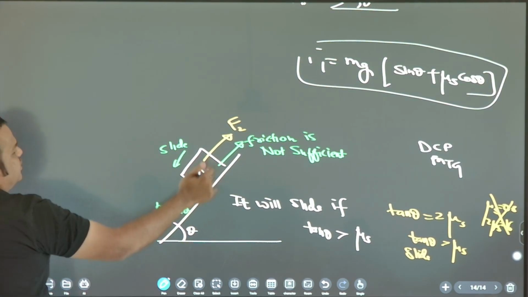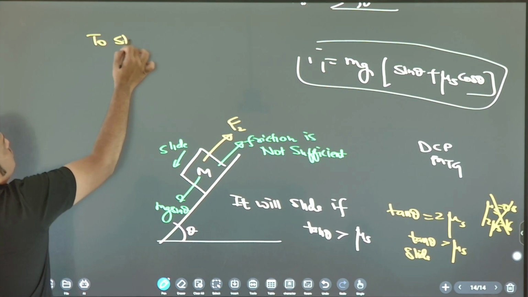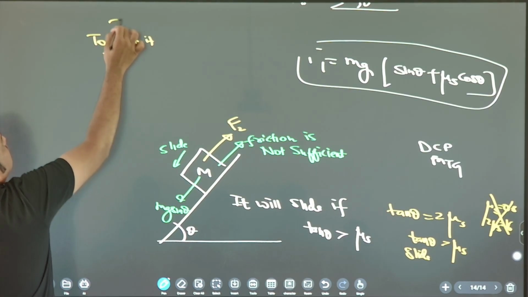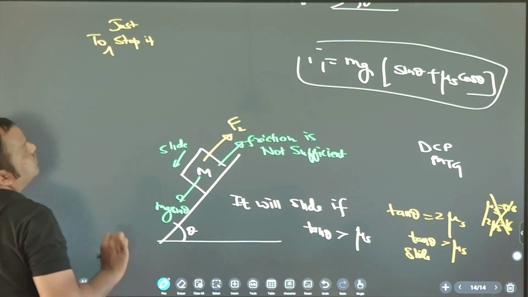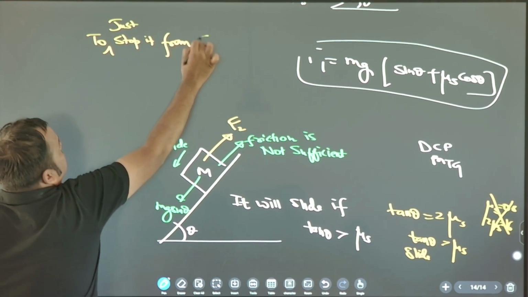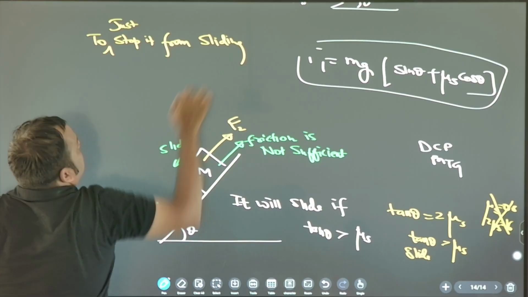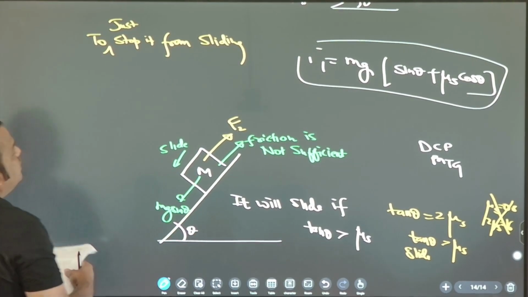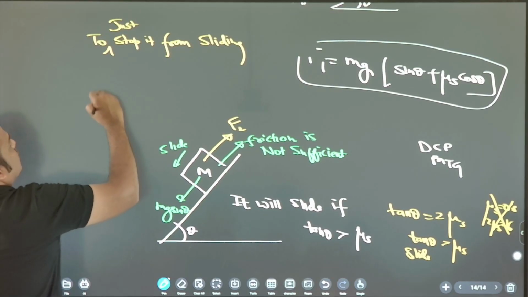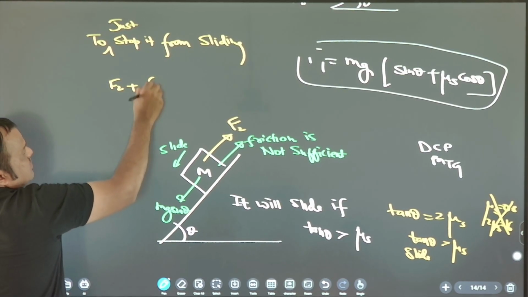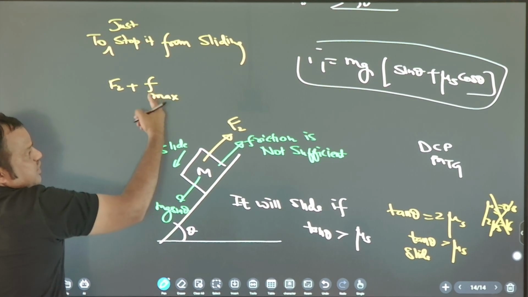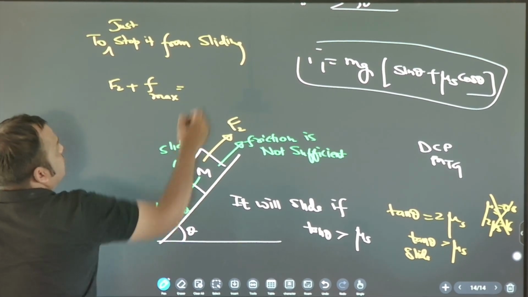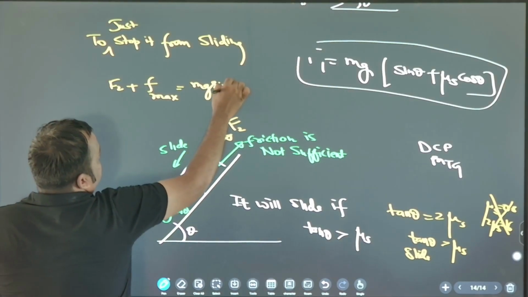I want to stop it, to just stop it from sliding. So F2 plus the maximum value of friction is equal to mg sin theta.